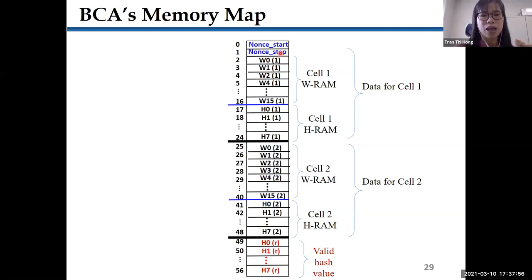Each DPE calculates 1,000 nonce values. In that case, the nonce step will be 1,000. DPE0 calculates the nonce value from 0 to 999. The next DPE calculates nonces from 1,000 to 1,999, and the next DPE is from 2,000 to 2,999, something like that. The DPEs work independently in parallel to accelerate the hash.